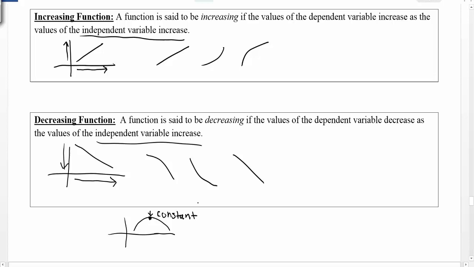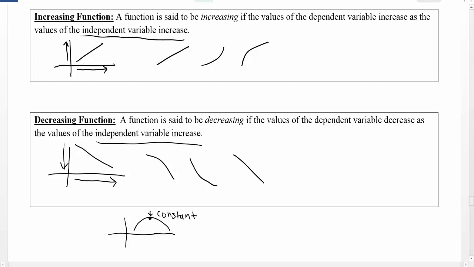So at that particular moment, when you've reached the point where you're going to change from either increasing to decreasing or decreasing to increasing, that one point is constant because it doesn't do either at that moment. That's the point where we're changing. So that's the word we use here.